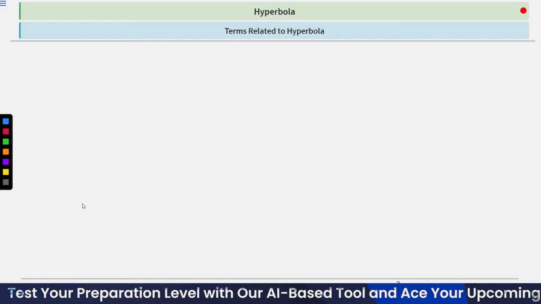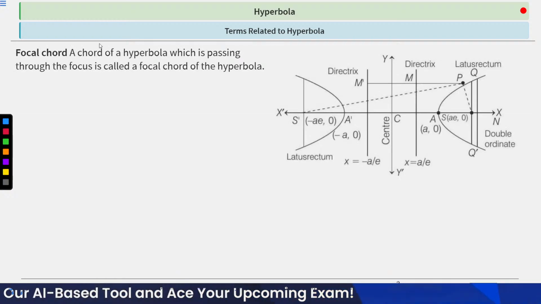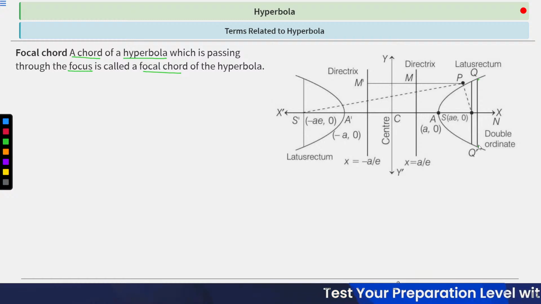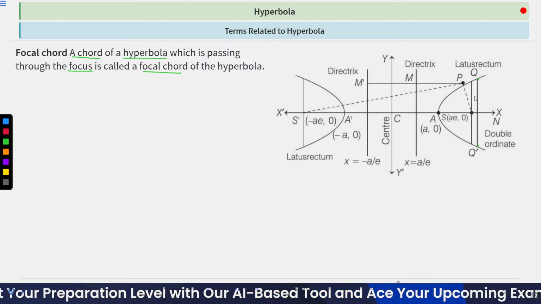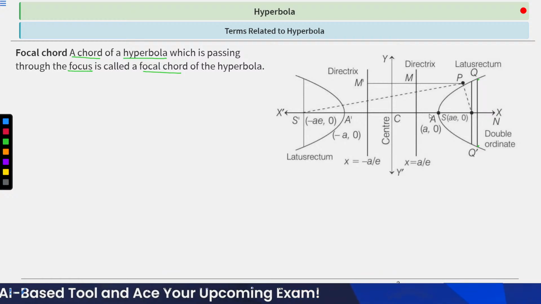Now some more terms related to hyperbola. Focal chord: a chord of a hyperbola which is passing through the focus is called a focal chord of the hyperbola, as you can see. So Q Q prime is our chord. If it passes through focus, then it will be called a focal chord.